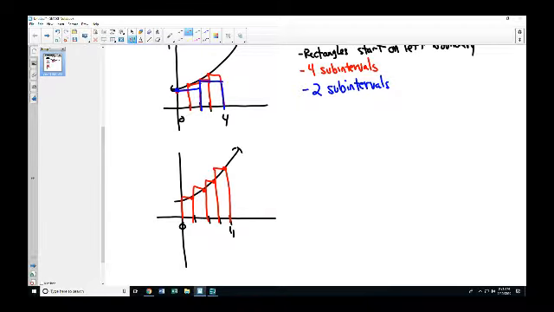Yes, it is an overestimate. How many subintervals? 1, 2, 3, 4 subintervals, right?